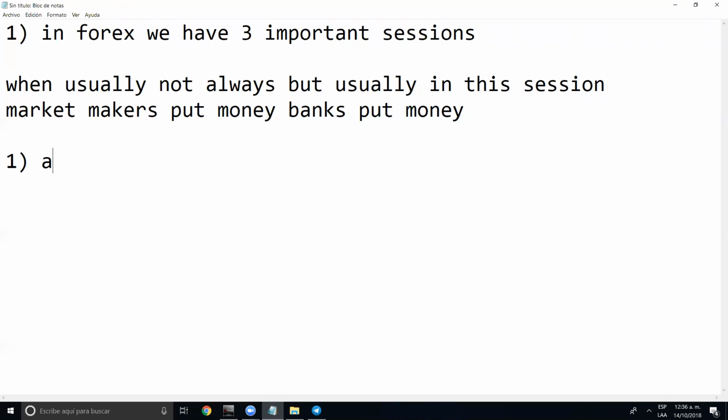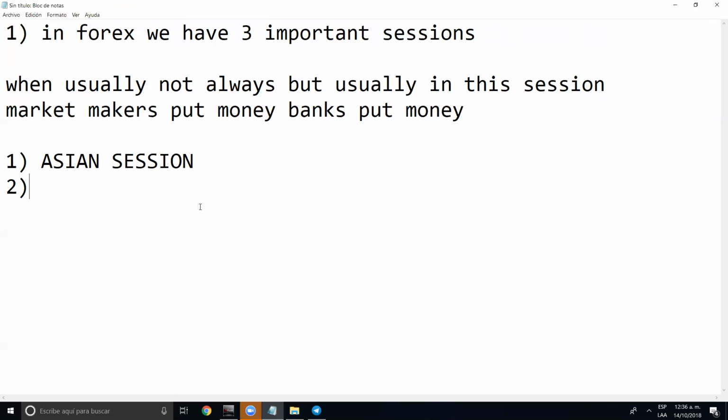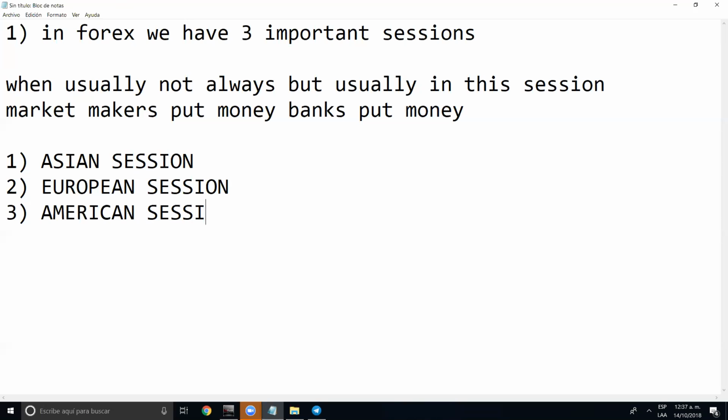We have first the Asian session, second the European, and third the American session.